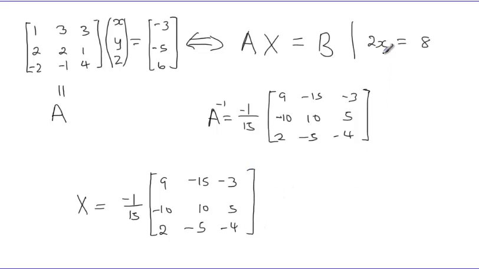What am I doing here? We are just doing x equals A to the power minus 1 multiplied by b. So I'm going to take this b, minus 3, minus 5, 6.